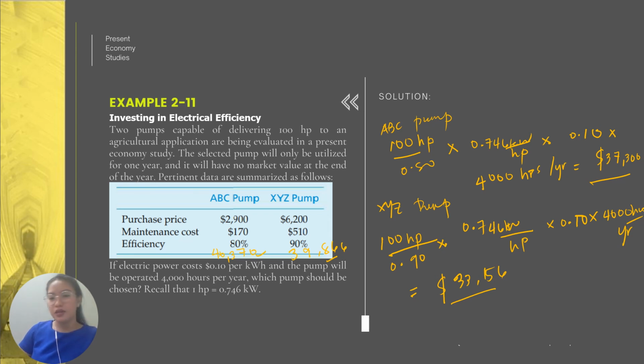So this is an example about investing in electrical efficiency.